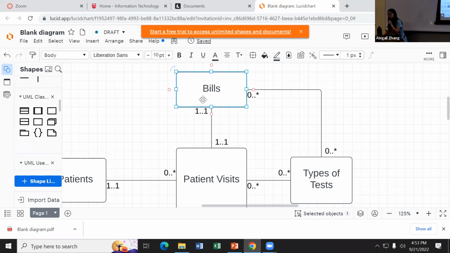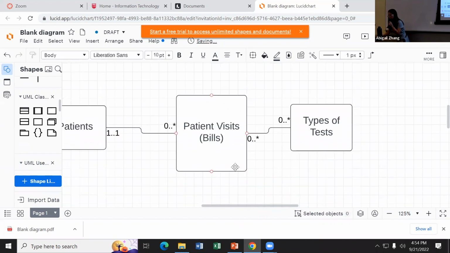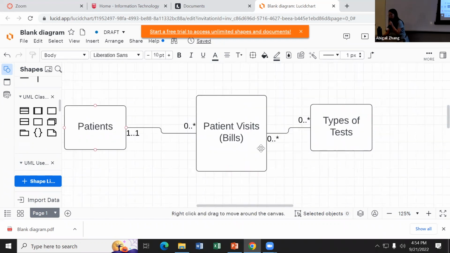That means here you are saving an extra table in the system, which will cause some extra storage consumption. So usually you can just merge bills and patient visits. What you can do is write patient visit, with bills in parentheses, because they are the same thing here. Then you can just remove the bills and its other related associations. So in the end, you will only have these 3 classes. Does this make sense? Okay.